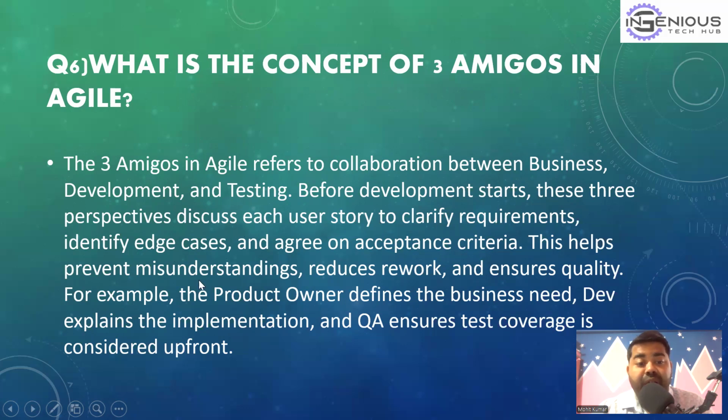This helps prevent misunderstanding, reduce rework, and ensure quality. For example, the product owner defines the business need, dev explains the implementation, and QA ensures the test coverage is considered upfront.